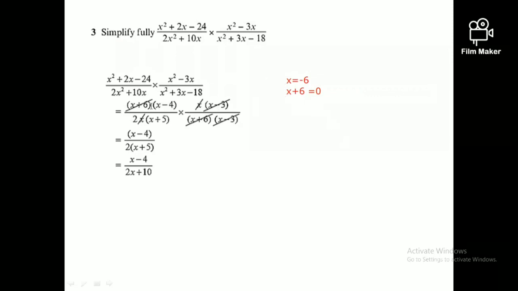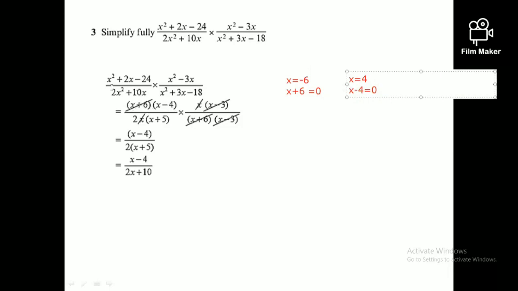From there you get this x plus 6 as the first bracket. The other answer you will obtain is x equals plus 4. So if you bring this to the other side, you can say x minus 4 equals 0. Therefore, the second part is x minus 4. Right. So you can say this is x plus 6 into x minus 4.